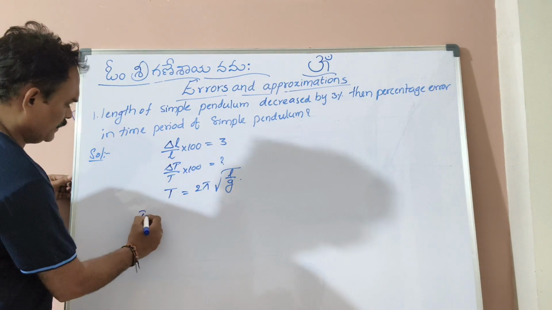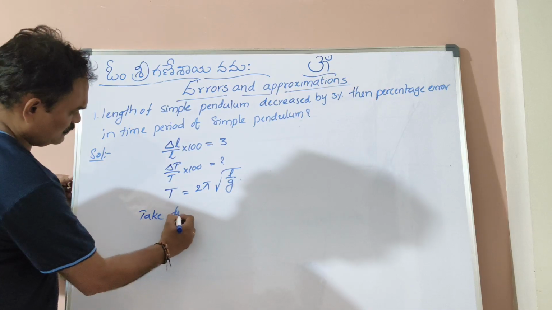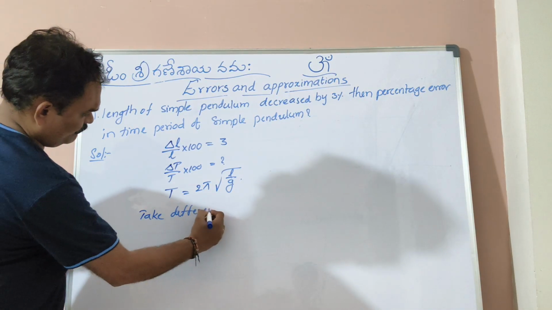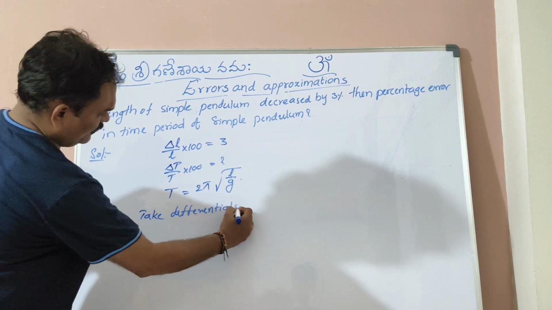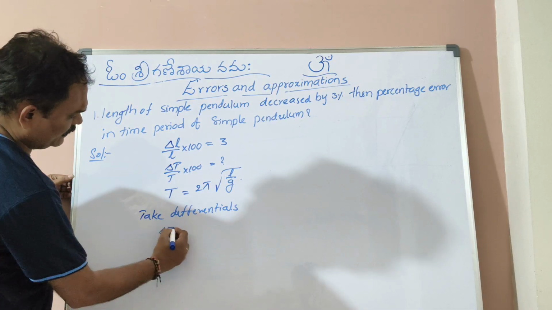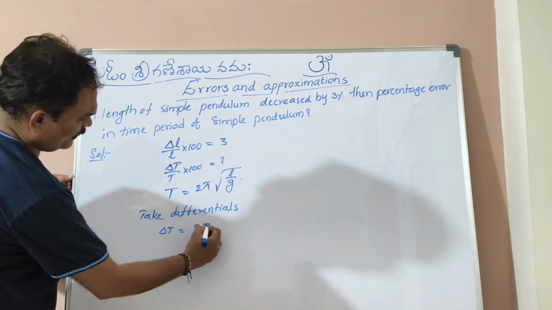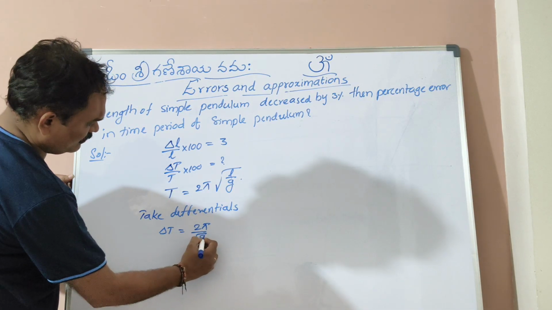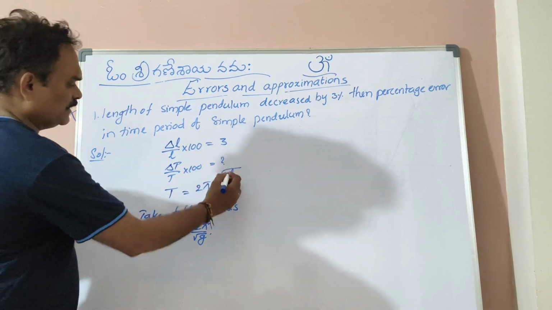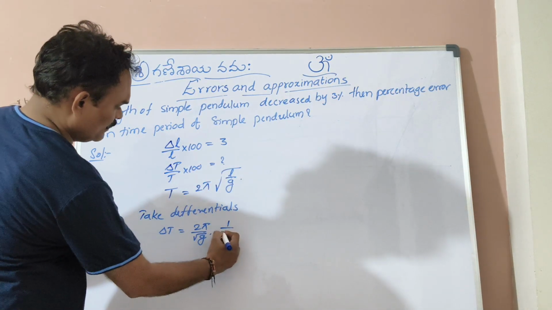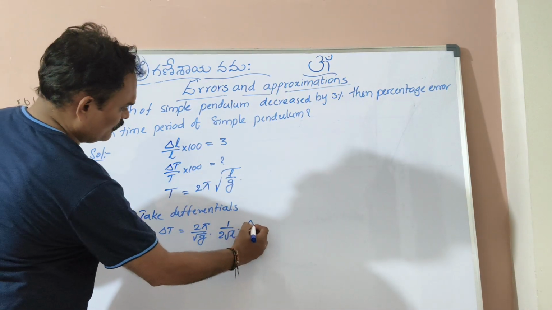Now take differentials. That is delta T equals 2 pi by root g, g is constant. The derivative of root L is 1 by 2 root L into delta L.